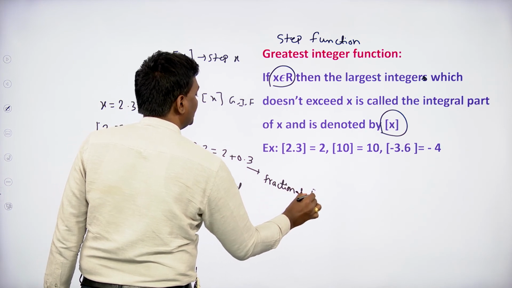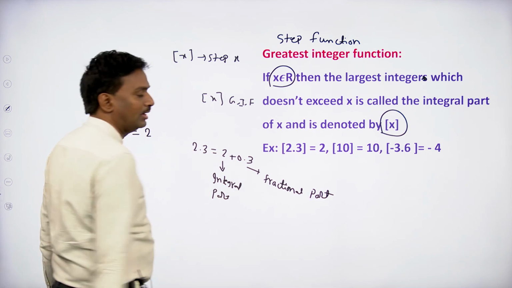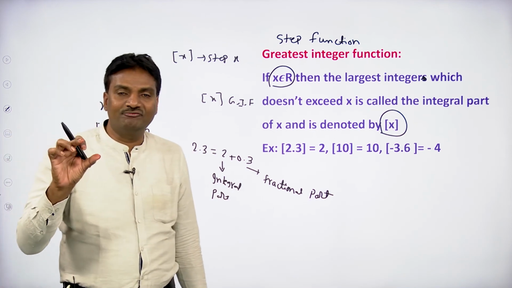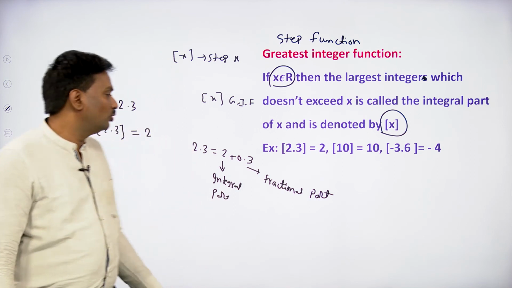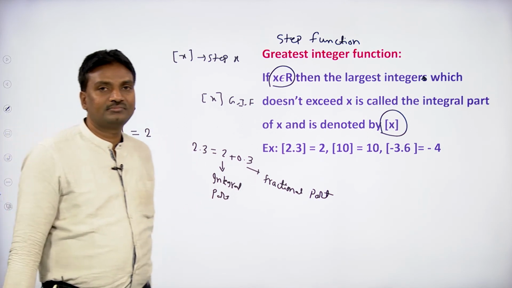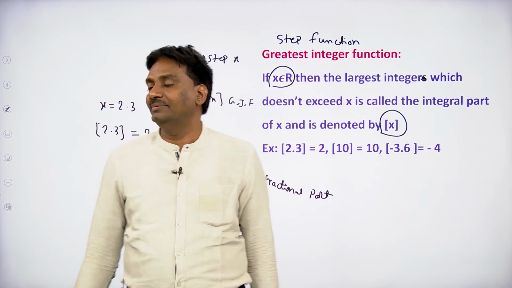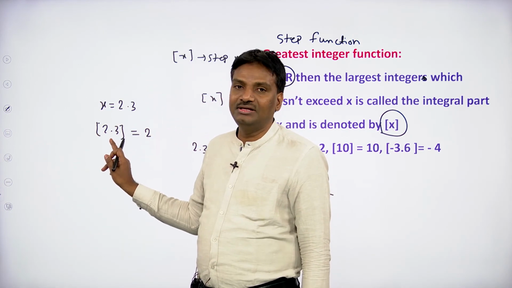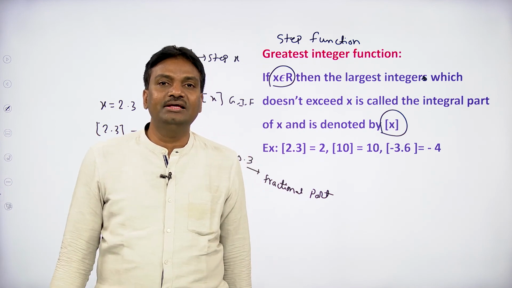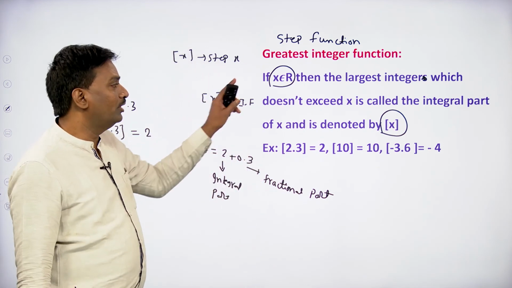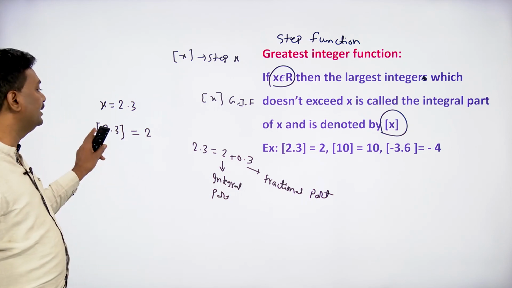When writing a step function, we have to take the integral part only. So by taking step 2.3, 2 is the integer and 0.3 is the fraction. According to the definition, we have to take the integral part only.